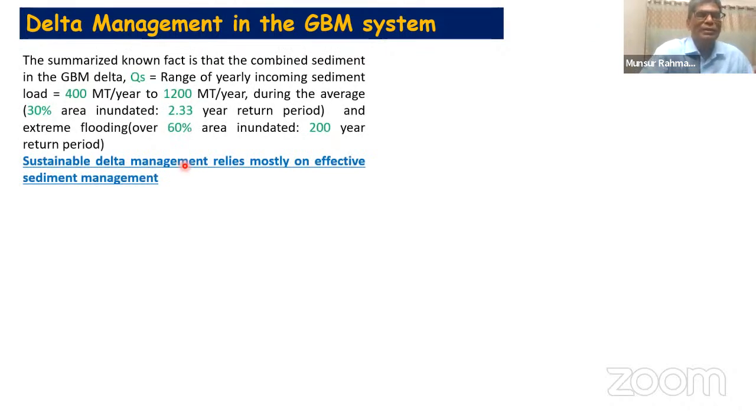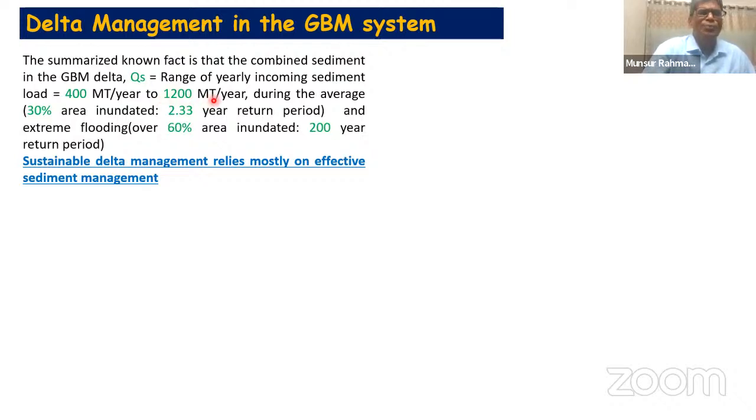For delta management, we discussed the sediment load, and we have summary information: for the average flow condition, the current sediment load in the GBM system can be assumed as 400 million metric tons per year. But for extreme flooding, like the flood in 1998, an extreme condition with a return period of 200 years, the sediment load can increase up to 1200 million metric tons per year.